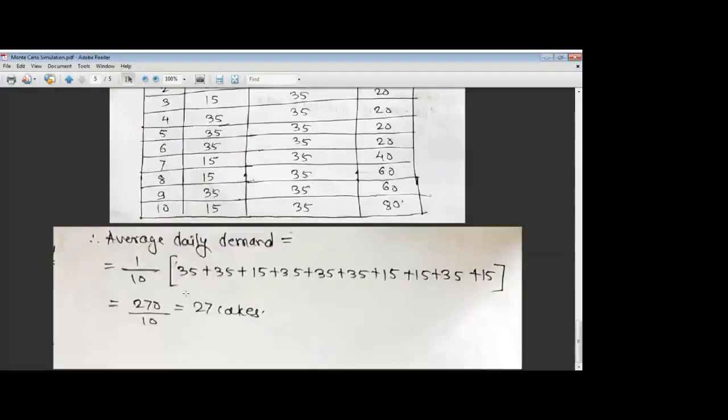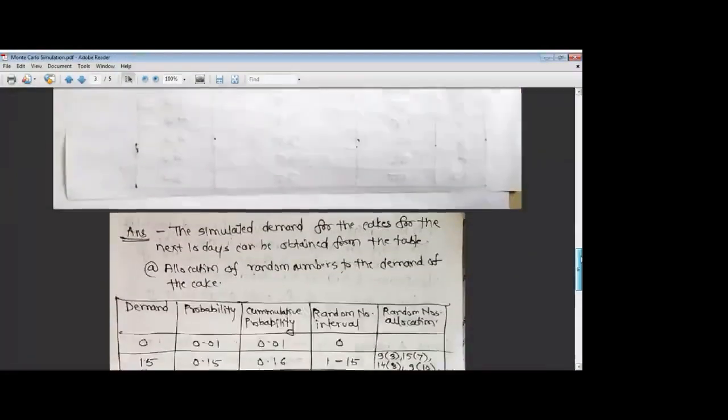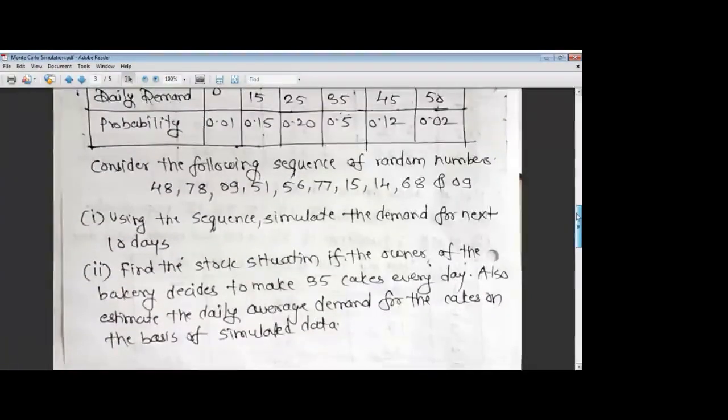If you do all the addition, the value comes to 270, and the answer comes to 27 cakes as the average daily demand of a particular brand at that shop. So this finishes your answer. This is the complete numerical that we can solve with the Monte Carlo simulation.